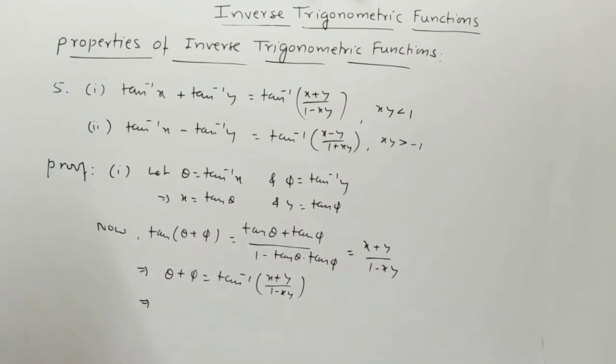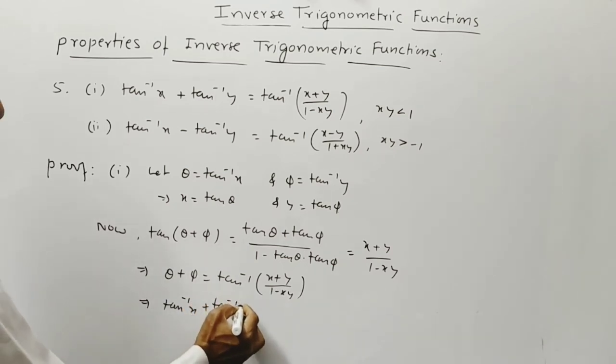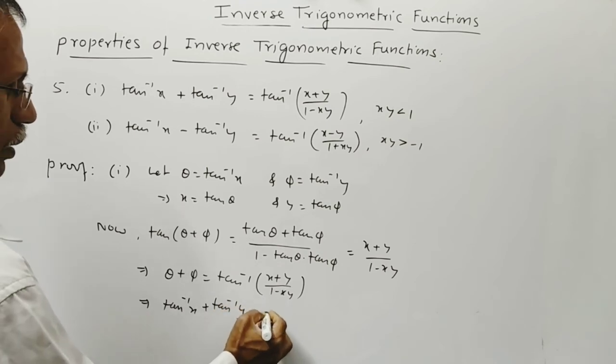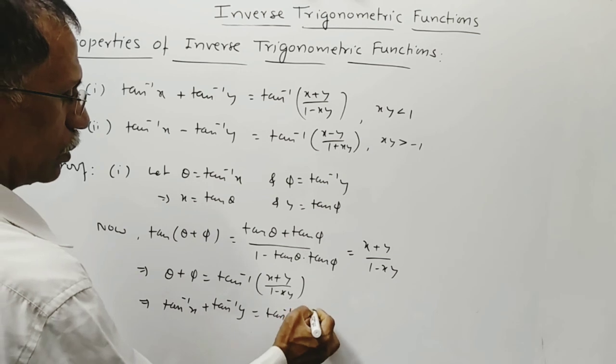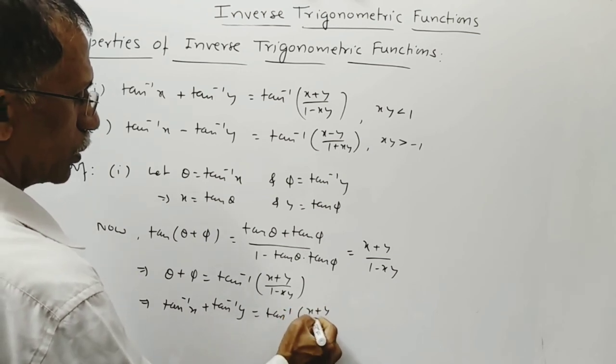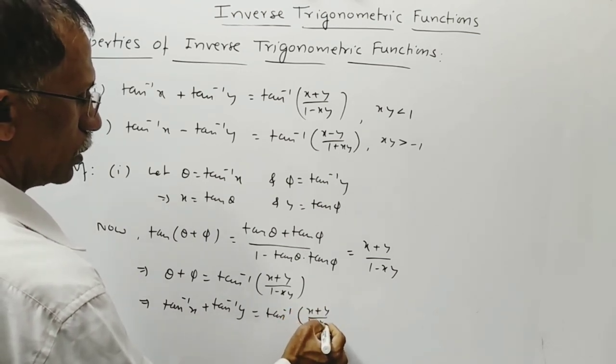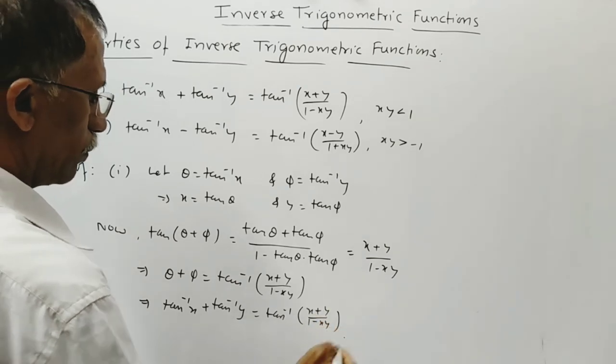Implies, what is theta? Tan inverse of x. What is phi? Tan inverse of y is equal to tan inverse of x plus y divided by 1 minus xy.